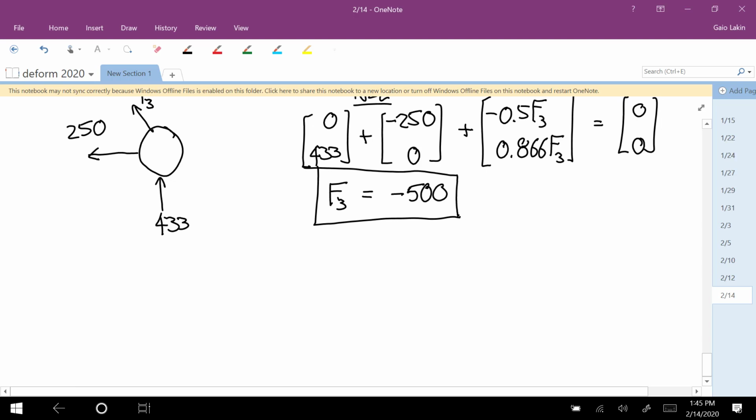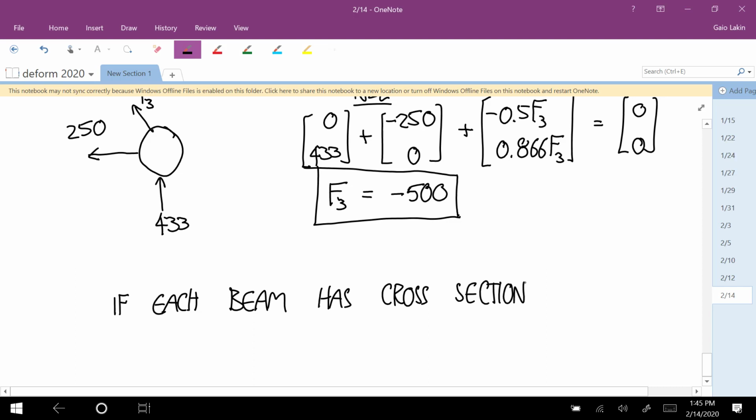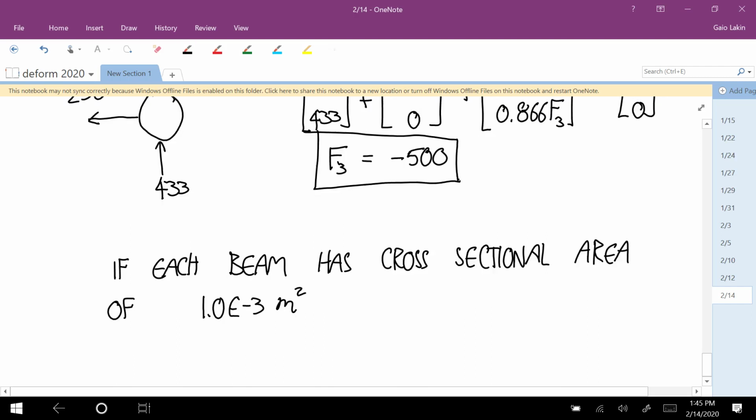So now let's say each beam had a cross-sectional area of 1.0 times 10 to the minus third meters squared. What are the stresses in each of these?